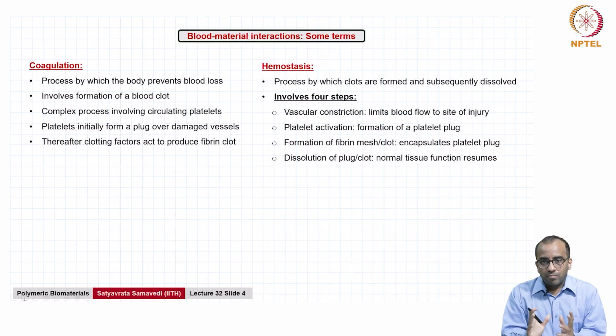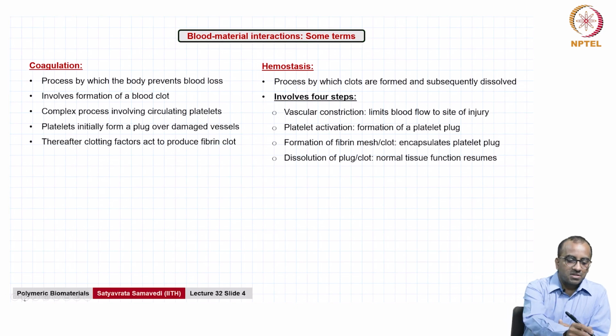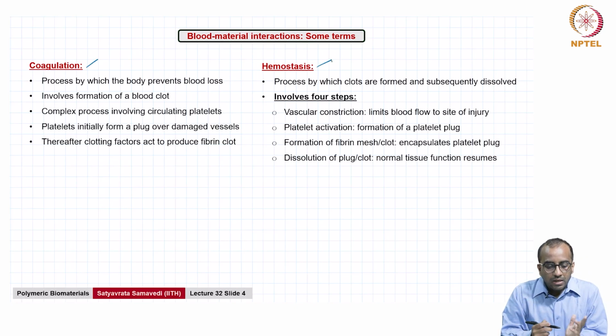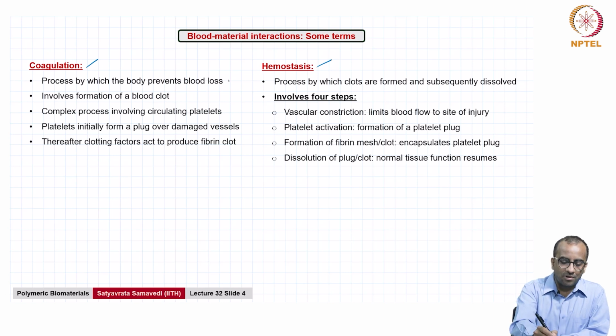Now, before we proceed further with understanding some of these mechanisms, it is useful if we can pause for a minute and understand some terms that you will commonly come across when you look at hemocompatibility or blood material interactions. One of them is coagulation, the other is hemostasis. Now, coagulation is a regular routine bodily process by which the body prevents blood loss.